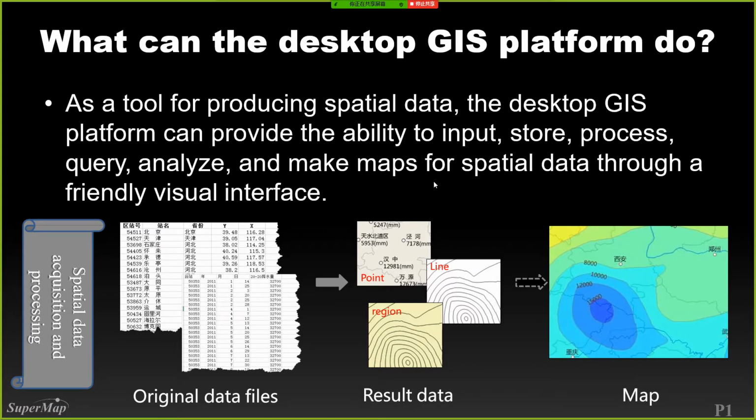So first of all, iDesktop can be used for the spatial data acquisition and processing. It can convert some original data files with the latitude and longitude into the point, line, and region, and make the map.